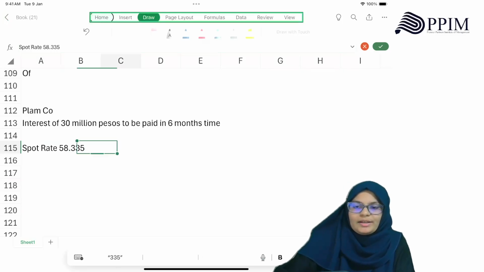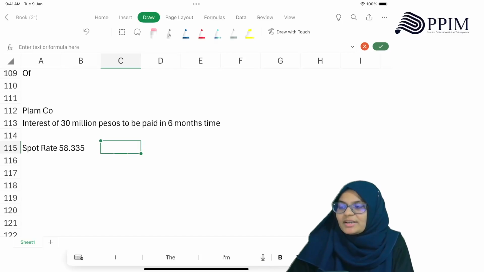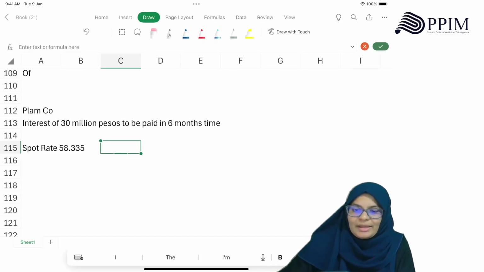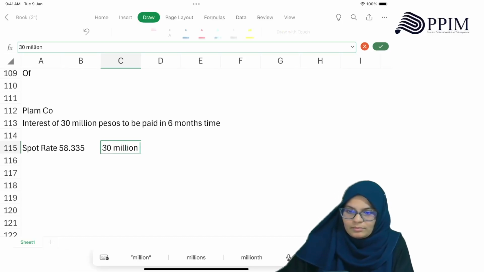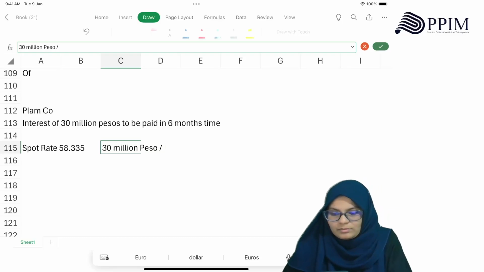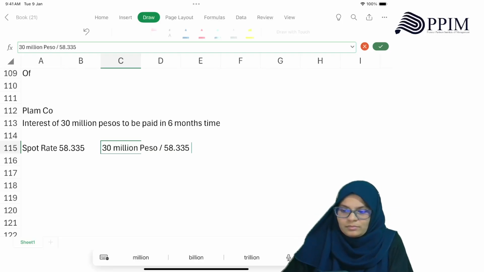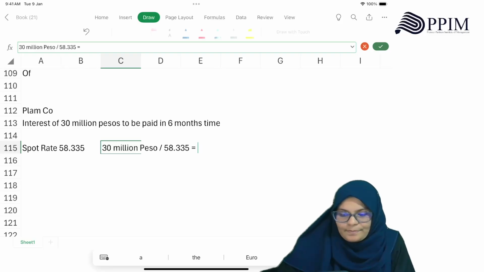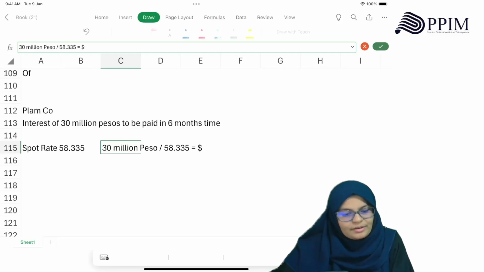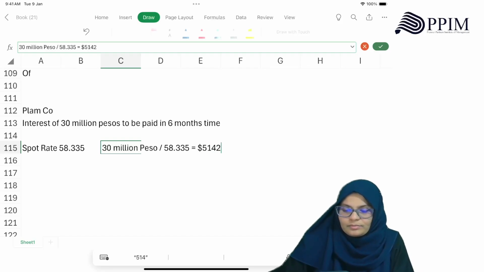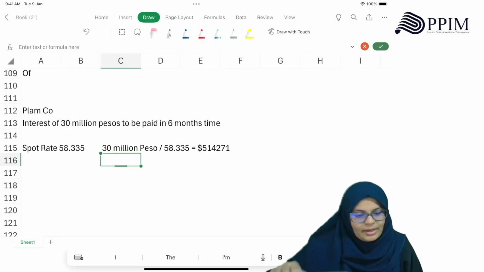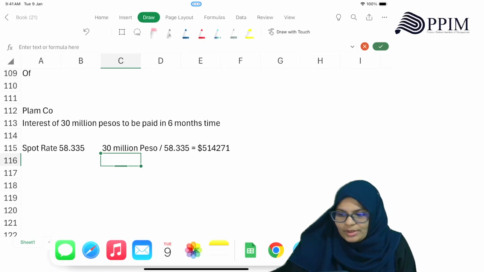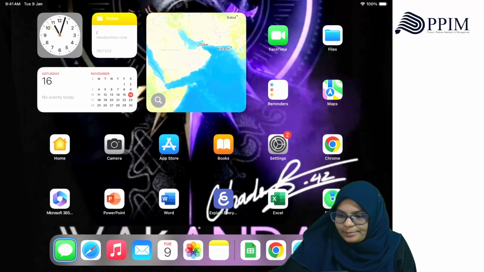Okay, so in dollars, if this transaction happened today, I will have to pay 30 million divided by 58.335. So that will be 514,271. Okay, so today if I did the transaction, I will end up paying 514,271.